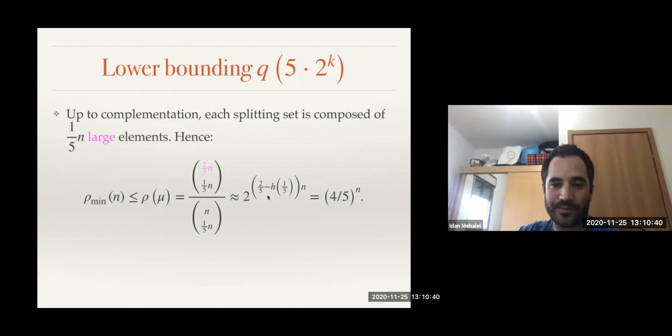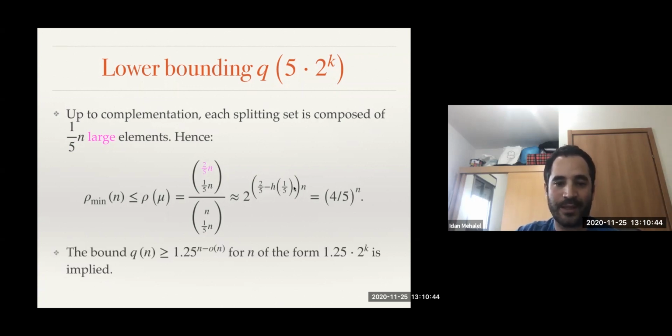So this is roughly this expression, which is 4/5 to the n. And then by the reduction, if we take 4/5 to the power of -1, we get a lower bound on Q of n of 1.25 to the n, which applies for n of this specific form.